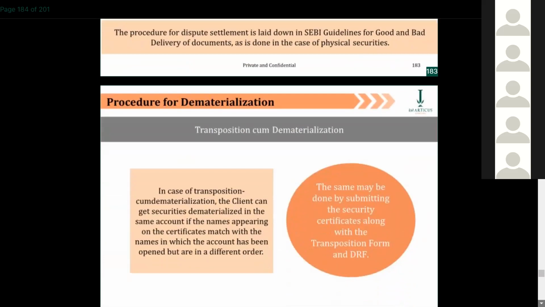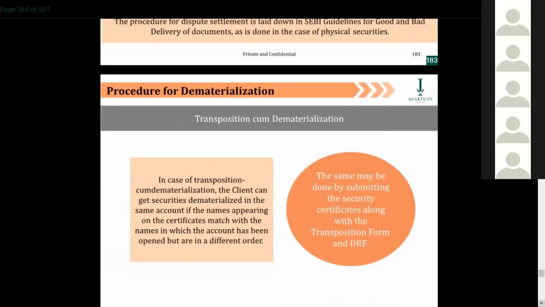Now there can be transposition cum dematerialization. So we have seen the process of transmission. Transmission would mean transferring the security from the name of the deceased holder to surviving holders or to the nominee. Now transposition has to do with the position.